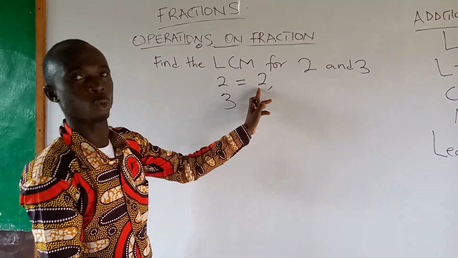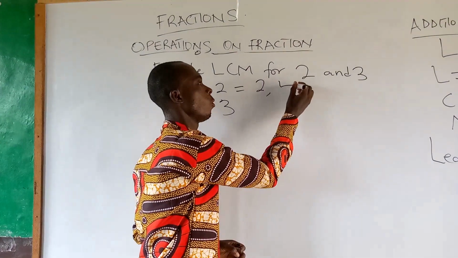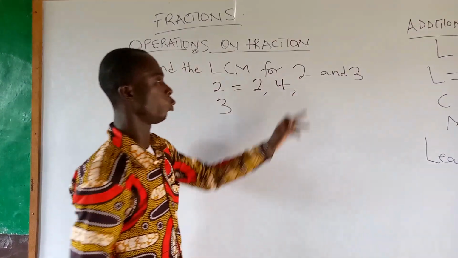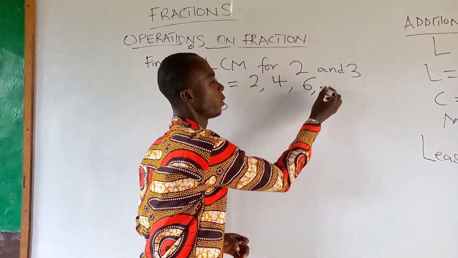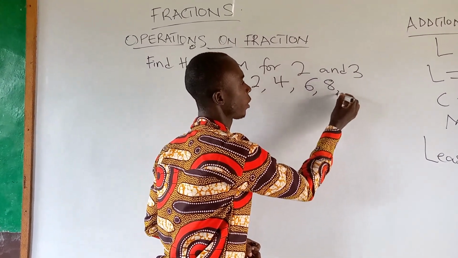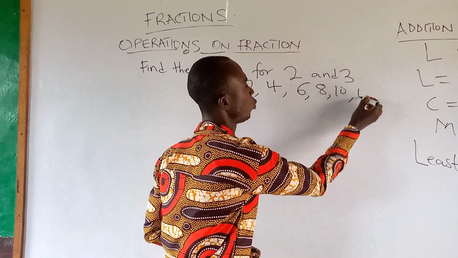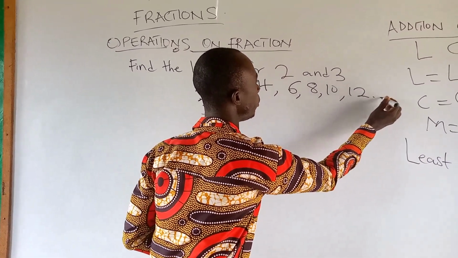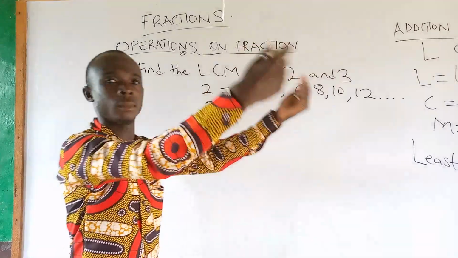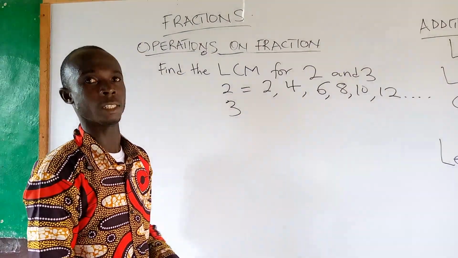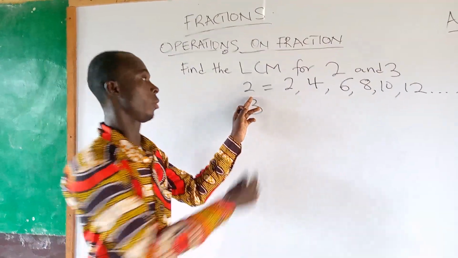You add 2 to this, we are getting 4. 2 to this, we are getting what? 6. Plus 2 is what? 8. 10. 12. Let me end here. Even though we can get several numbers for multiples of 2.